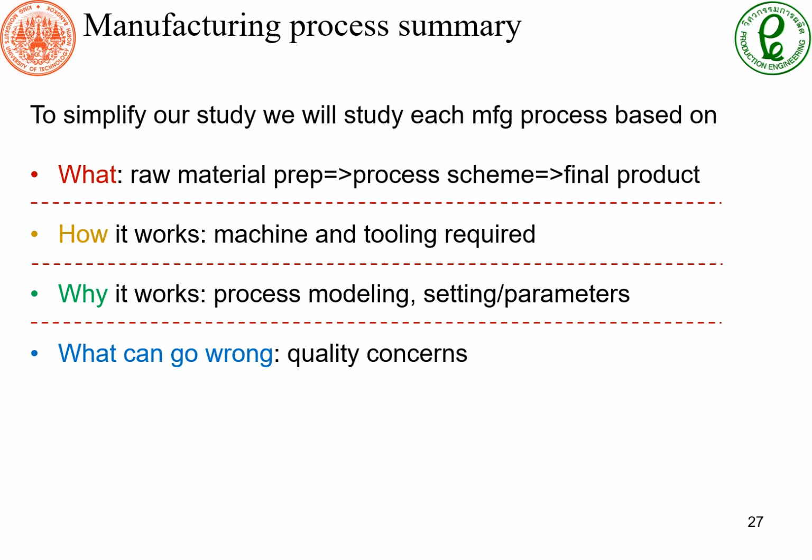In my view, we will pick a few manufacturing processes and go deep in 4 aspects: what, how, why, and what can go wrong. Then, we will look into some variations around that process. We will see how this is done when we study manufacturing processes from the next lecture onward. For now, just remember this: when we study a manufacturing process, we should simply ask what, how, why, and what can go wrong.